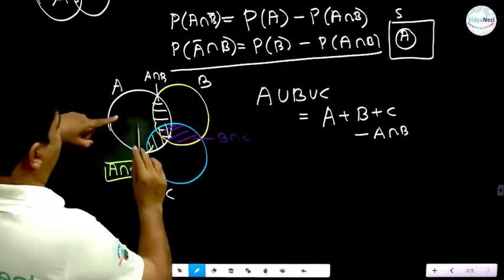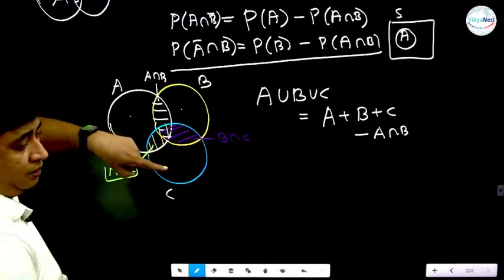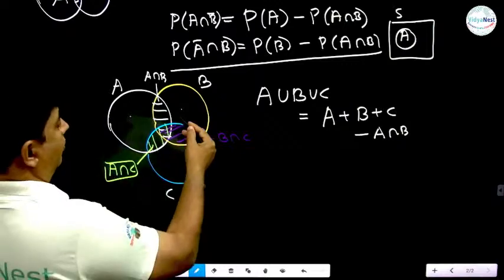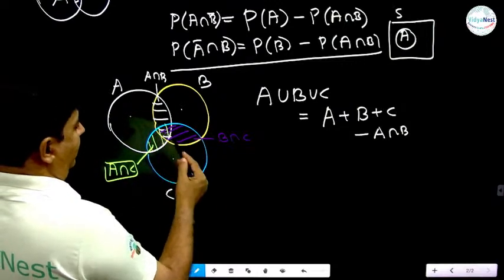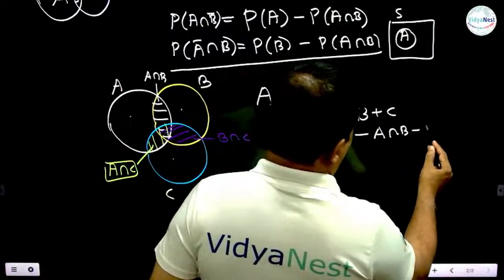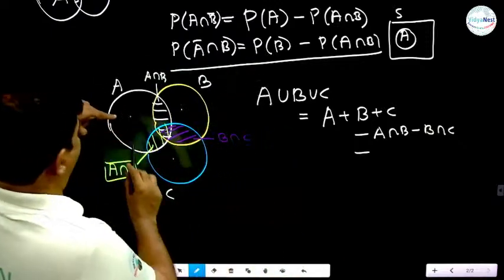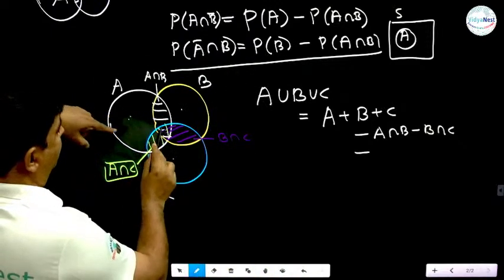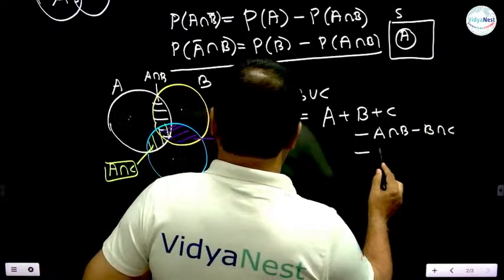Why? Because if I add these two, this common region will be added twice, so one has to be excluded. And once we are adding these two, this common region is added twice, so one we have to subtract.